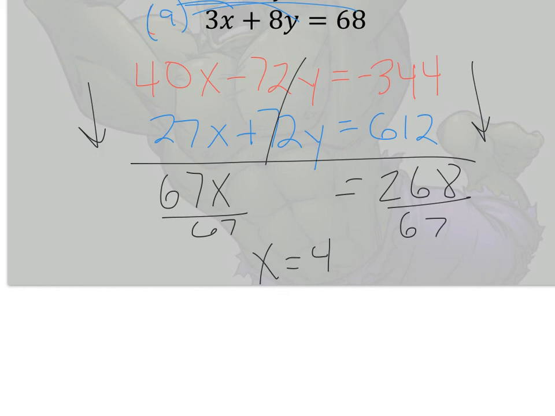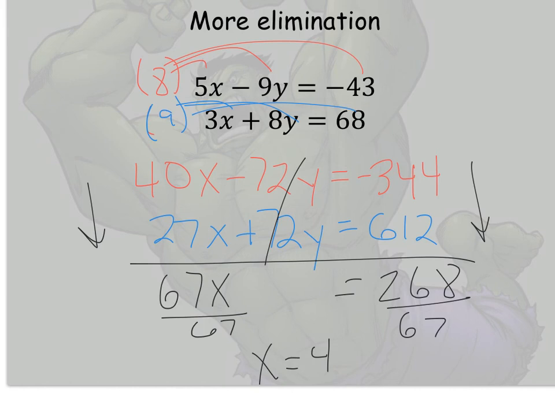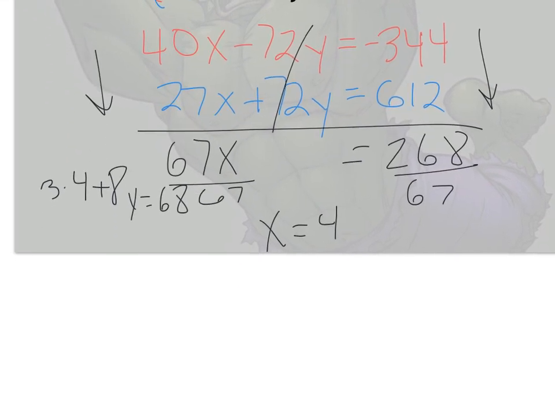Now, you can use this x and you can substitute it into this equation, this equation, this equation, or this equation. We have choices. I'm going to insert it into this equation right here. So I have 3 times 4 plus 8y is equal to 68. 3 times 4 is 12, plus 8y is 68.